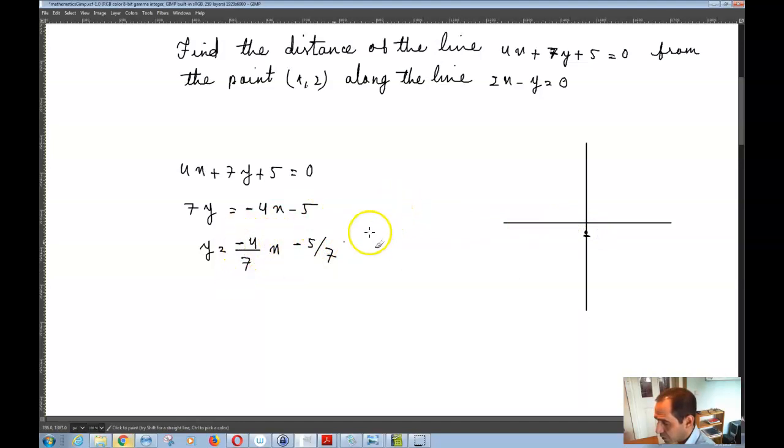And for 7 units of horizontal change, you have negative 4 units of vertical change. So 1, 2, 3, 4, 5, 6, and 7, negative 4 would be 1, 2, 3, and 4. So you would end up over here somewhere.